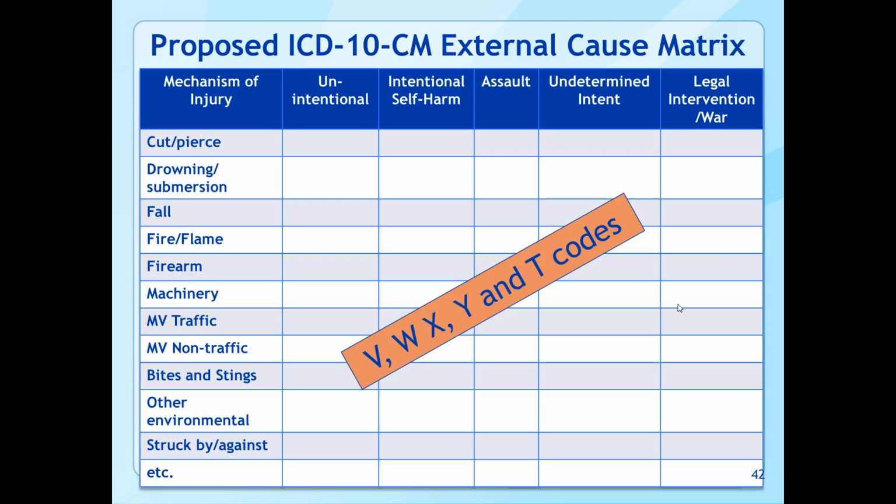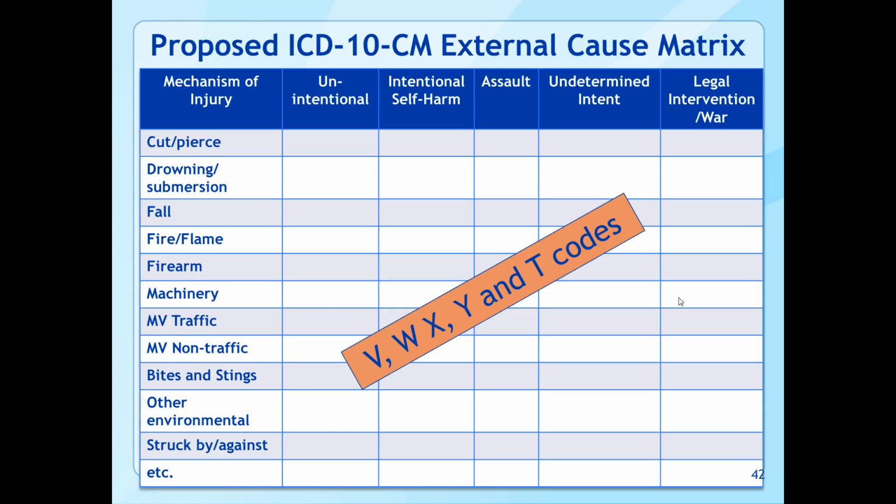So as I mentioned, the matrix is a way of organizing the external cause codes by mechanism and by intent of injury. In the matrix, the columns represent the different injury intents. So you'll see unintentional or accidental, intentional self-harm, assault, undetermined intent, and legal intervention in operations of war. The rows in the matrix represent the different broad categories of mechanisms of injury.